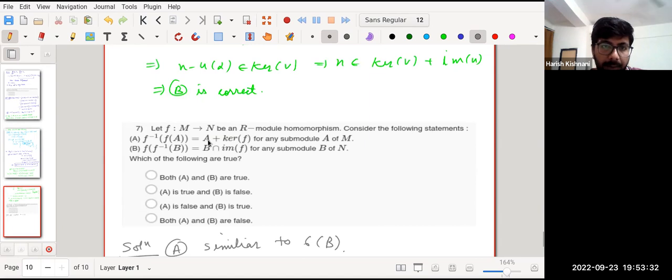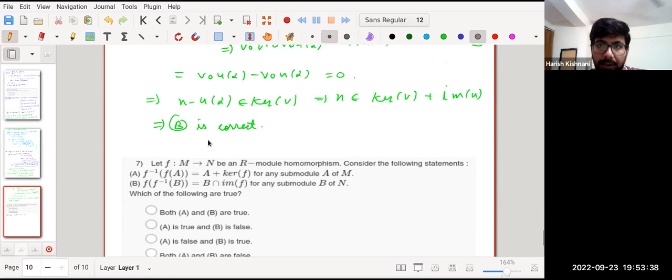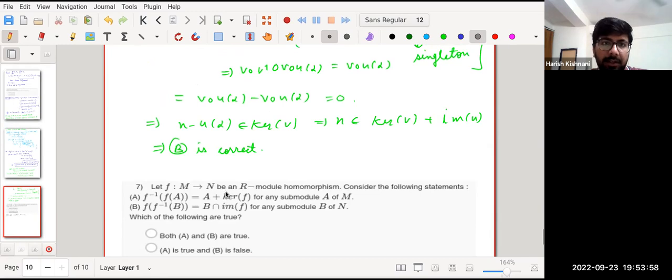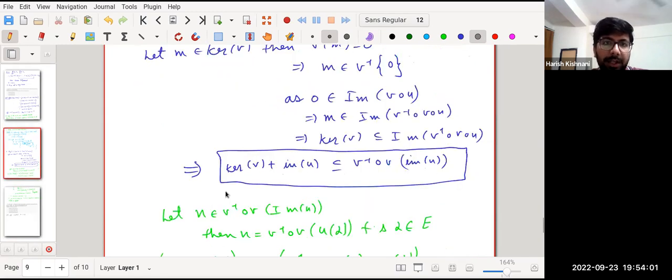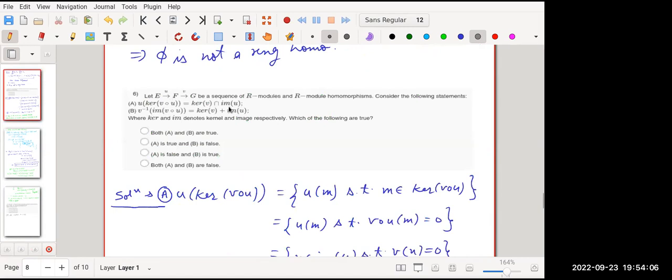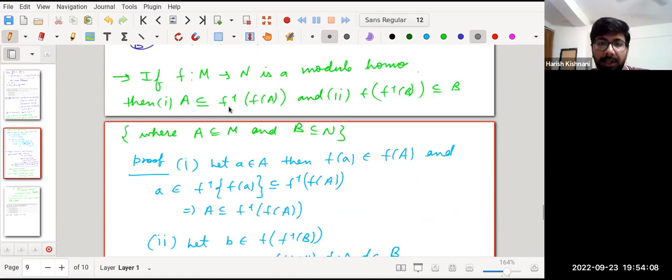If you take A to be image of u, then instead of f you have v: kernel of v plus image of u, and f inverse f of image of u, and here you have image of u plus kernel of f. It is exactly the same, you just need to take A to be image of u. So this is same as 6b. I'm not doing it here, it's just a repetition.